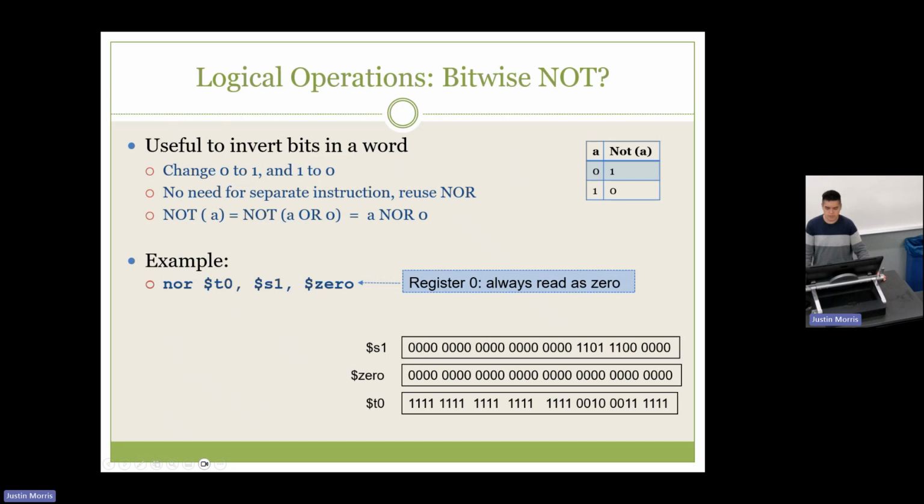So there's no need to waste our different combinations of instructions to create not if we have nor already, and we can just use that fixed register 0. But what could be useful is having a pseudo instruction for the assembly language that allows you to do not. But really, it just becomes this nor with 0 as one of the operands.